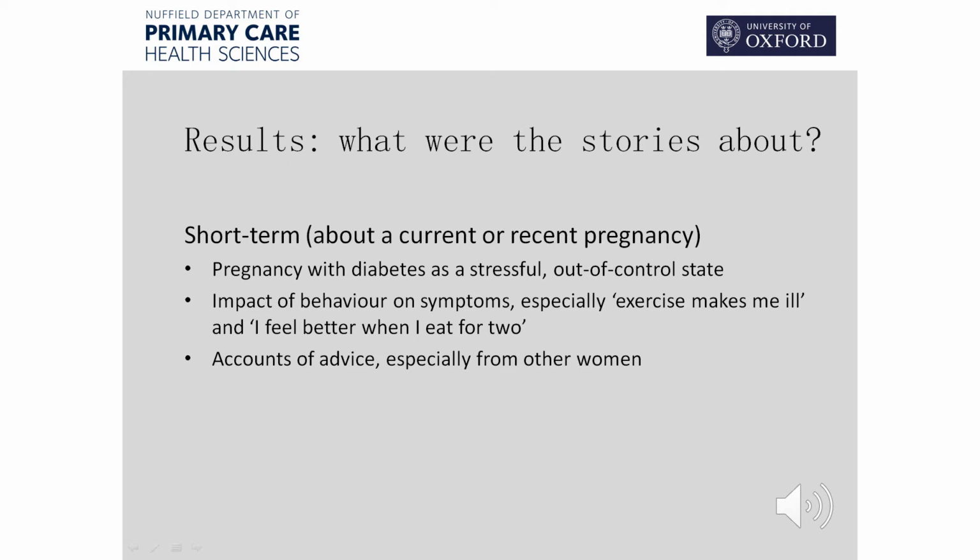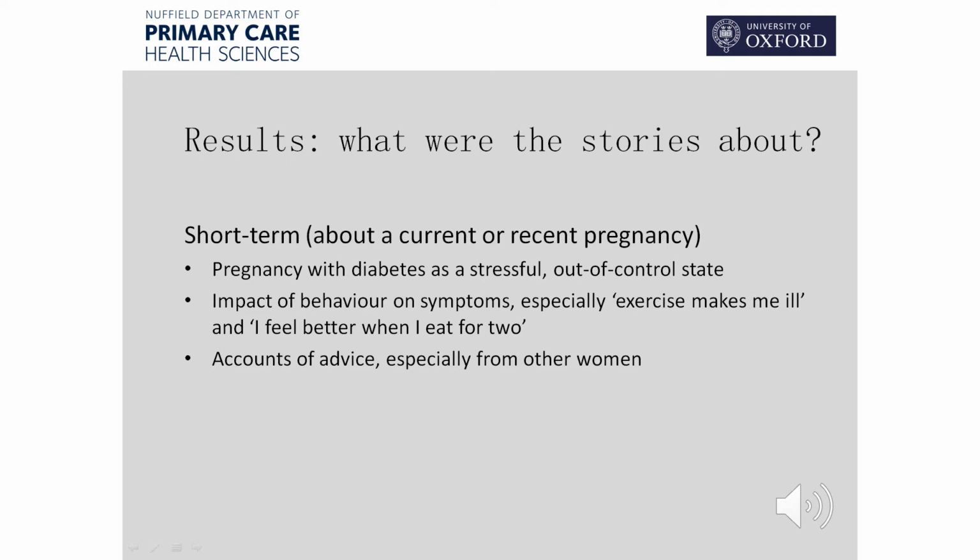We found a number of stories, some of which were very short term, some were medium term, and some were very long term. The short term stories that these women told were mostly about a current or recent pregnancy, and they depicted pregnancy with diabetes as a very stressful and out of control state, much more so than diabetes when they weren't pregnant.